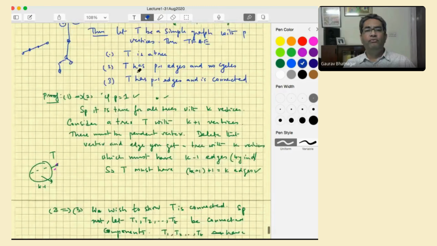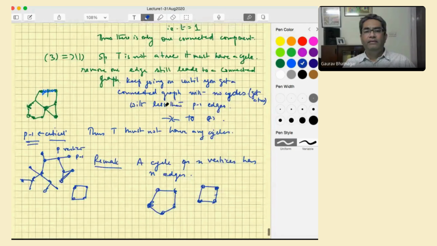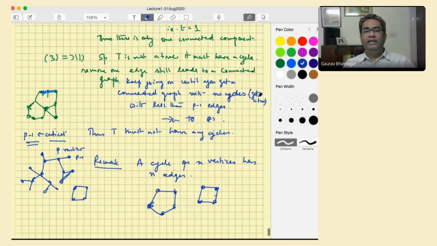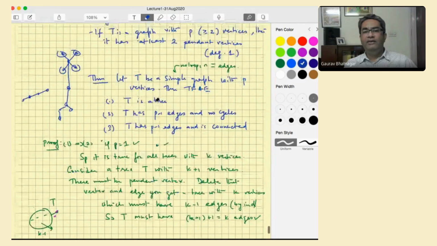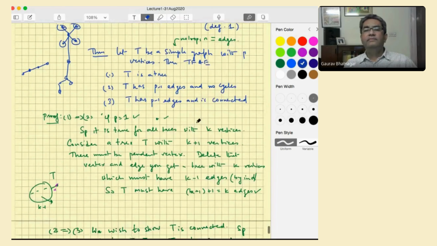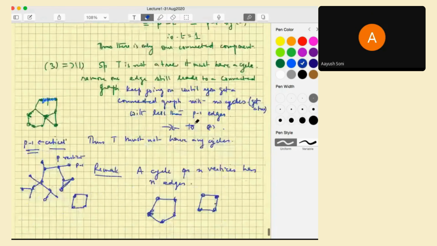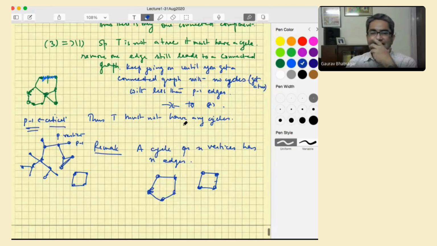So we already proved that if we get a tree, so we get a tree eventually. This is the definition of a tree, but it has less than P minus 1 edges. So if we had a tree, then we would have had P minus 1 edges. Right, okay, makes sense. In some sense, it's a very obvious kind of argument. That's why it's so confusing.